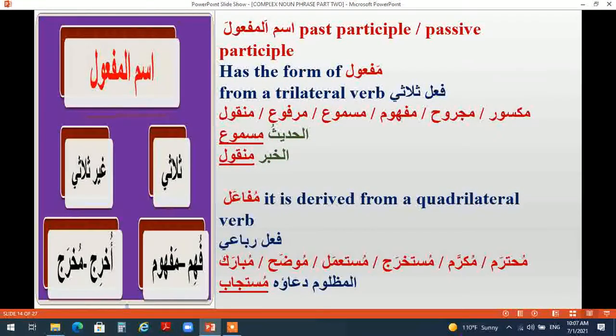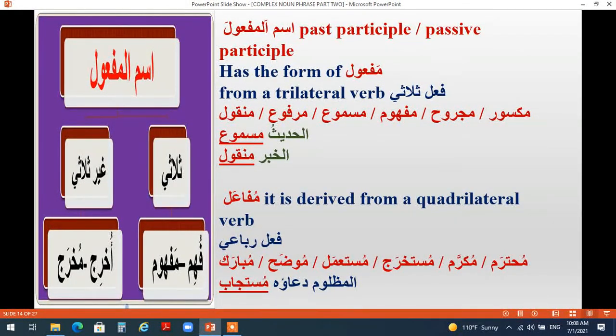The other participle is called اسم المفعول. It is called in English a past participle or passive participle. Also it has the form of مفعول، يكون على وزن مفعول إن كان مشتقا من فعلا ثلاثيا from a trilateral verb. For example: مكسور، مجروح، مفهوم، مسموع، مرفوع، منقول، كلها على وزن مفعول.